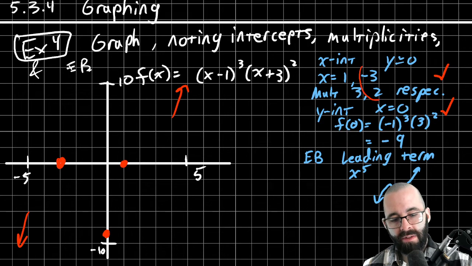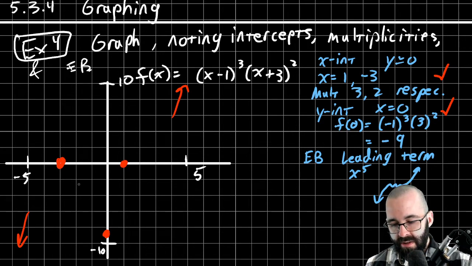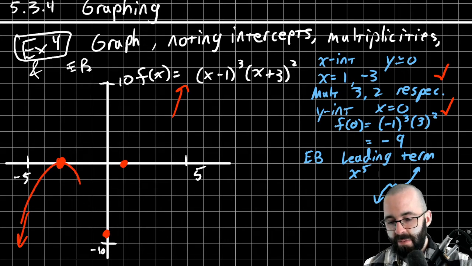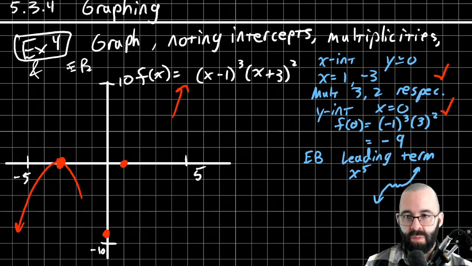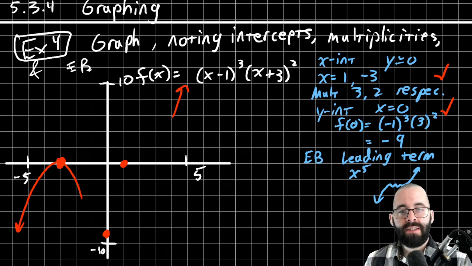The 0 at negative 3 has multiplicity 2. So we know it's going to bounce off like this. Let's try to connect this. It bounces off because it has multiplicity 2, so it's like a parabola locally. And we know it's down because of the end behavior.